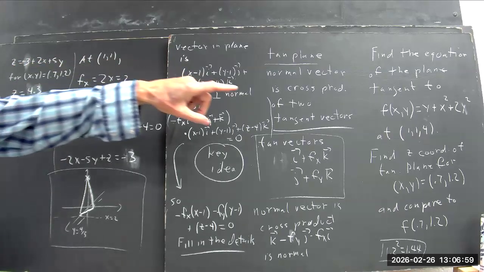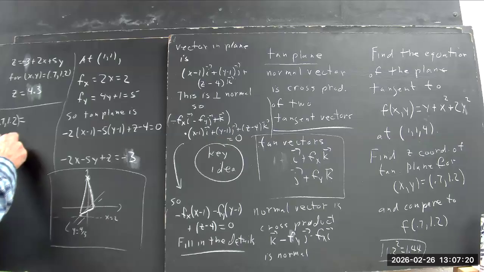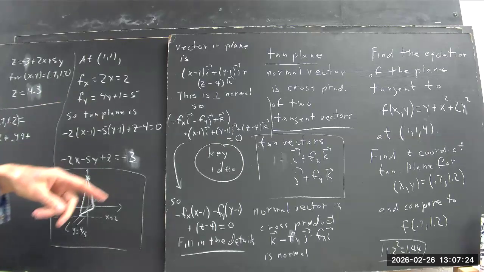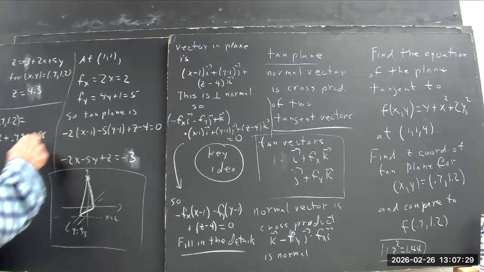The actual value of this function is what? It's y, which is 1.2 plus x squared, which is 0.49 plus 2y squared, which is 2 times 1.44, which is 2.88.